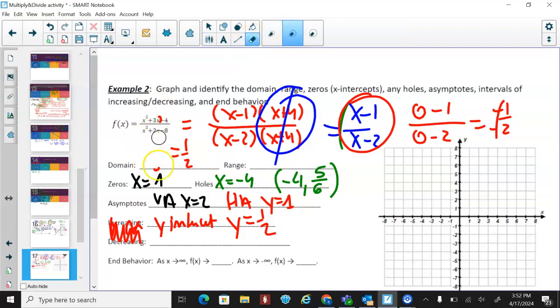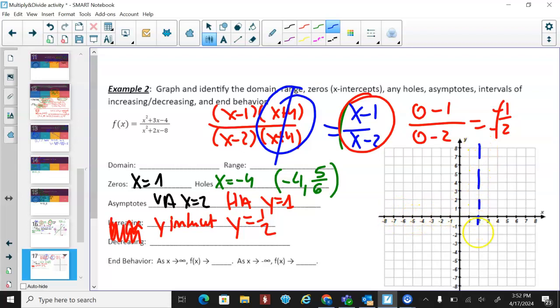Now, lastly, we got domain and range. So this function right here, it has some asymptotes. So let's draw them. Okay? We got a vertical asymptote at 2, okay, and horizontal at 1. We also have a 0 at 1 right here. So that means the function is going to go something like this and like this.